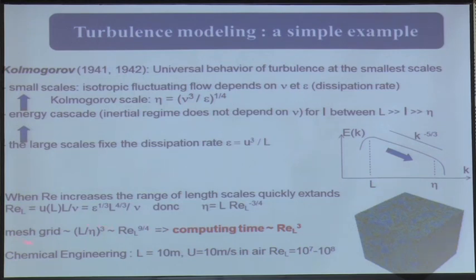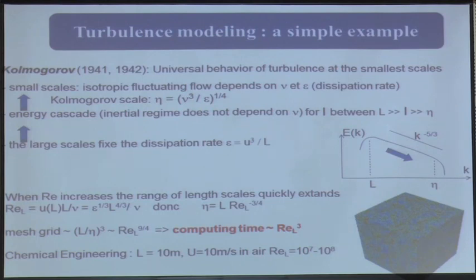That will give you an idea of the mesh grid, but in terms of computing time, you have another source of computing time. It's the time step, because when you have a very fine mesh, the time scale of these small turbulent eddies is also very, very small.